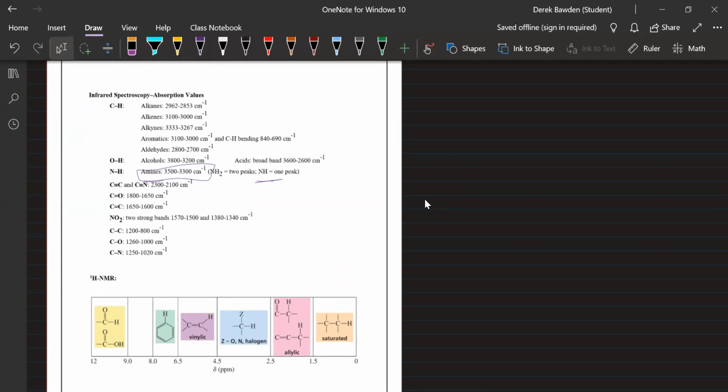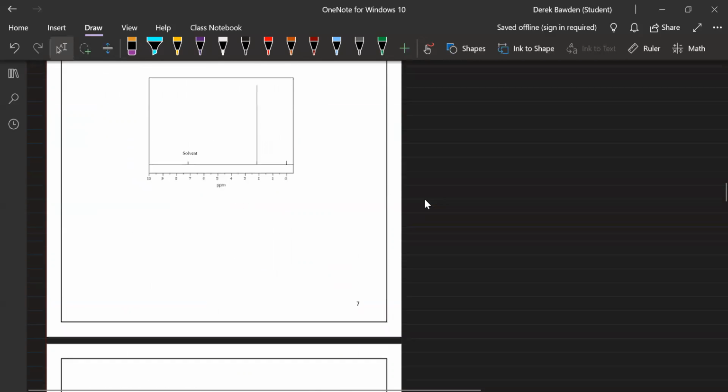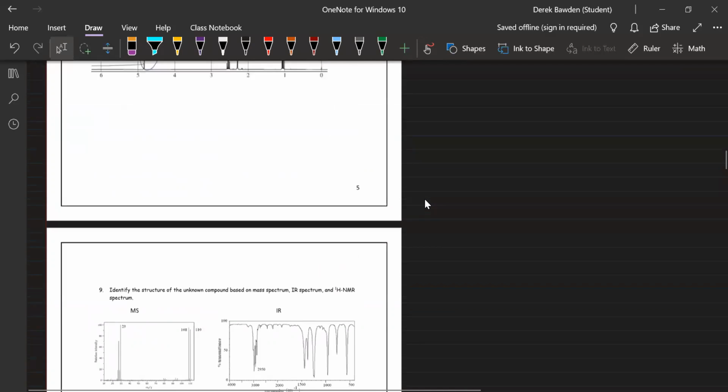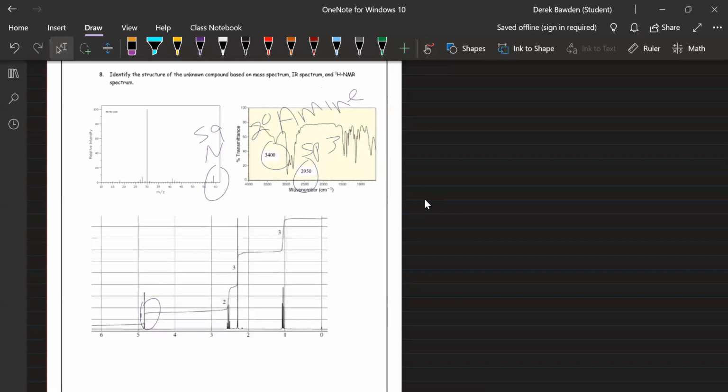Could be an oxygen as well. Anyway, we can worry about that in a minute. The graph didn't give us much info there. So we've got 2 hydrogens with, it looks like, 3 neighbors because it's got a quartet. Do you agree? Yes. 3 hydrogens with 0 neighbors. And 3 hydrogens with 2 neighbors, it looks like.